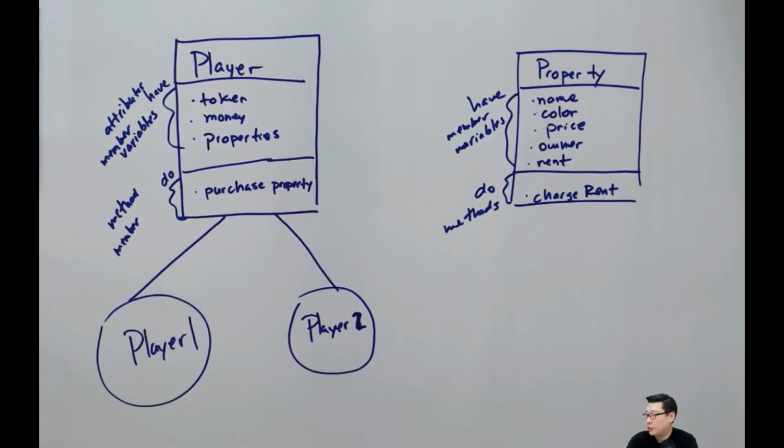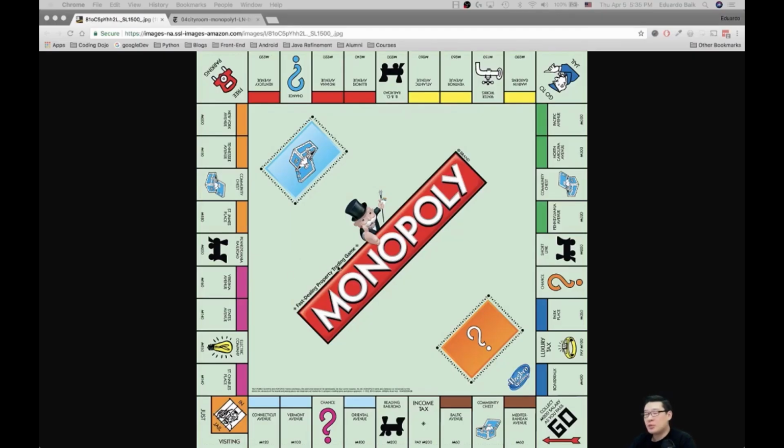And for example, in the properties as well, if we look at the board, look how many properties there are. There are a lot of properties. So just to be able to play the game, we will have to create many, many instances of these properties.